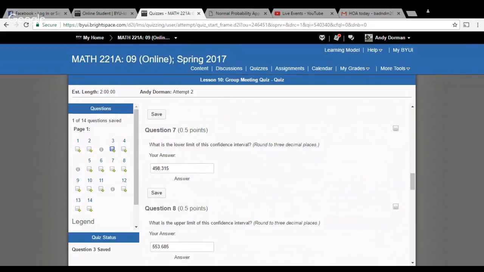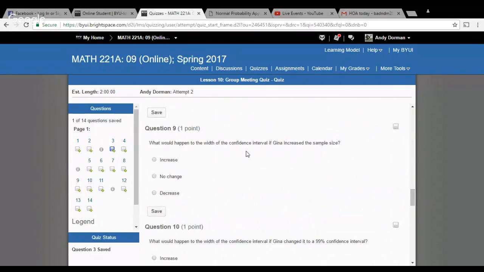Okay, then getting the lower and upper limits, that basically is going to mean subtracting or adding. Okay, very good.